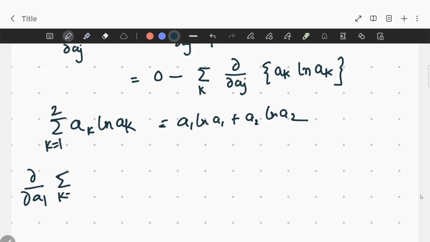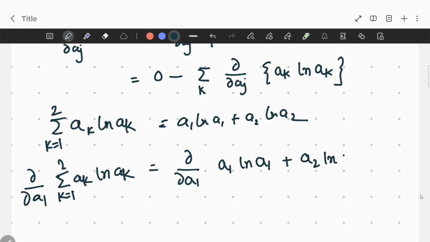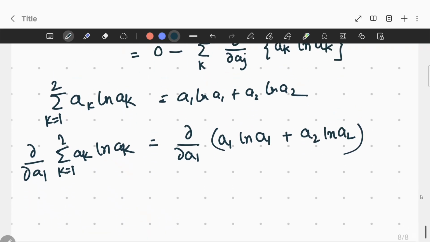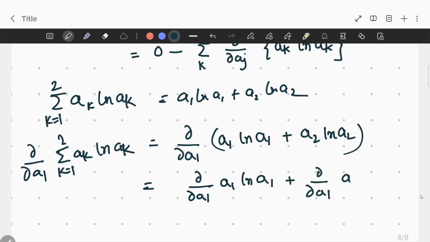So we have to do this: del a1 of a1 ln a1 plus a2 ln a2, which is del a1 a1 ln a1 plus del a1 a2 ln a2. Sum over k 1 to 2, del a1 of a_k ln a_k.